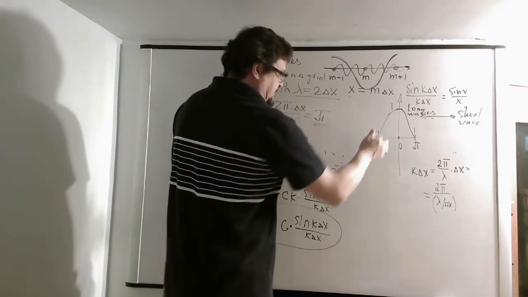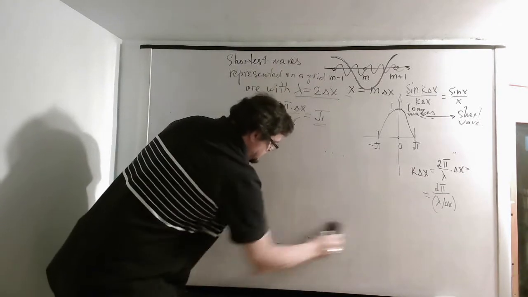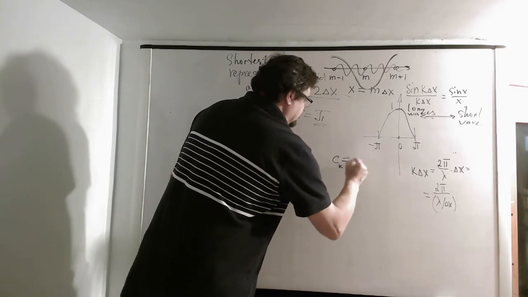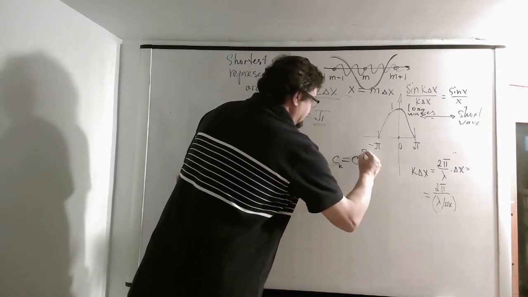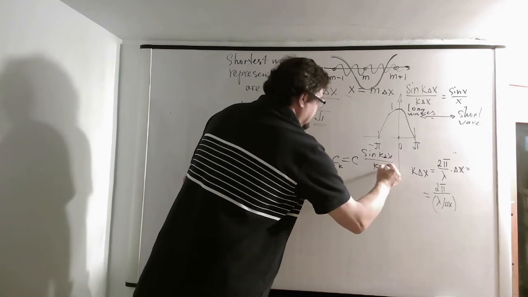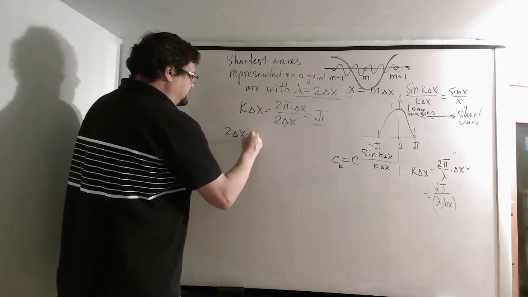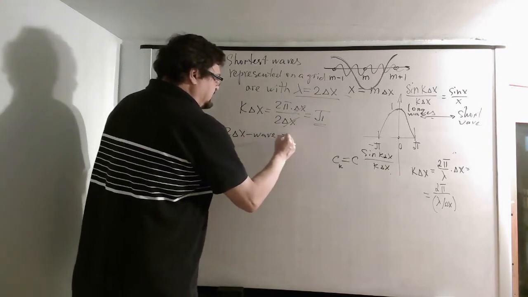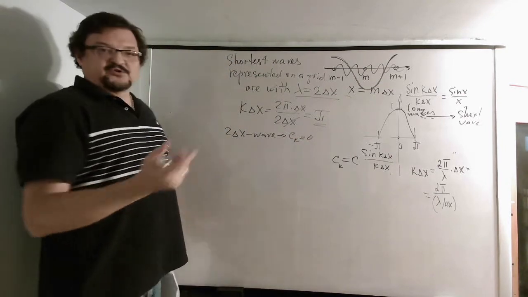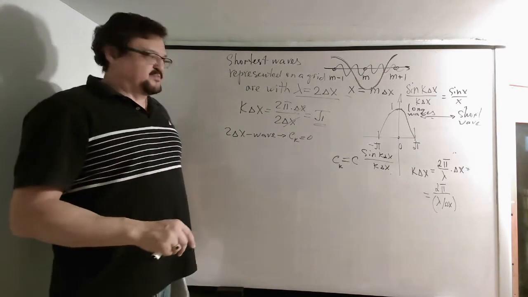And so 2 delta x waves, because you have c_k equal to c times sine k delta x divided by k delta x. So for 2 delta x waves, c_k equals 0. So they don't move, they just bump around, but they don't move.